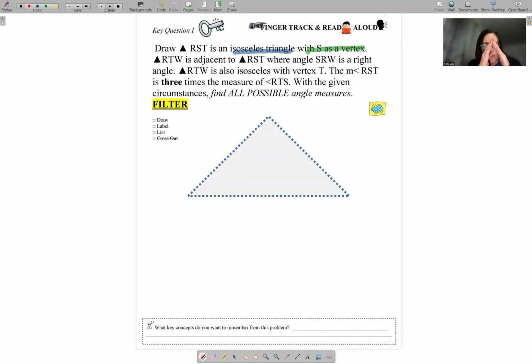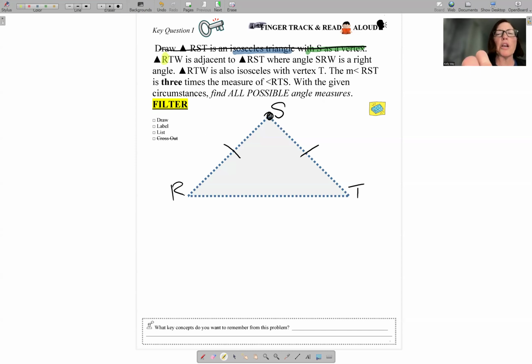That means S is the hinge between the equal sides. And it does not matter which one's T and which one's R. And then RTW is adjacent to RTS. Adjacent means back to back. You look very carefully.